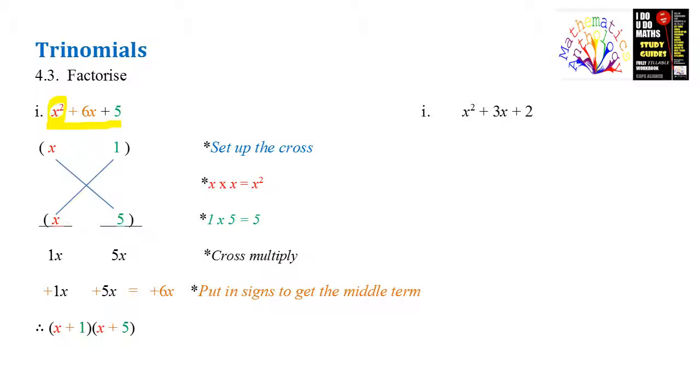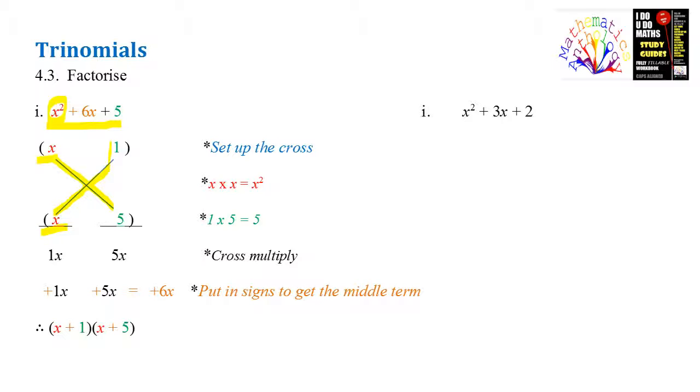So to use the cross method, you set up the cross first, which means you draw your cross, like so. Okay, the next one, you look at your x squared term first. So your square, the term that's squared. So x squared I know is x times x. So on this side of the cross, I'll have an x multiplied by another x at the bottom there.